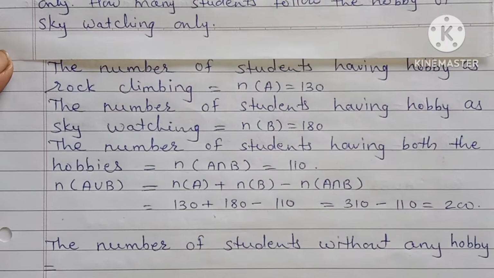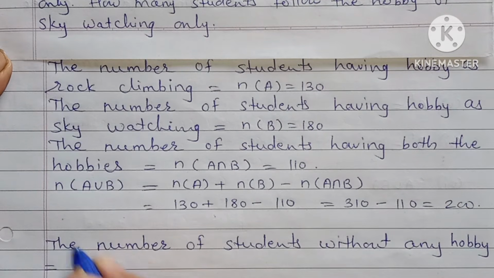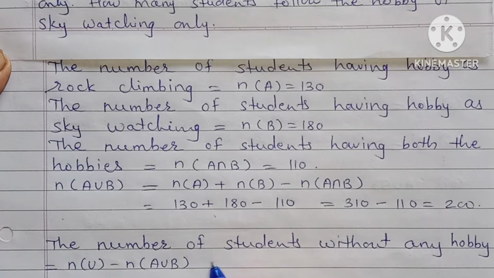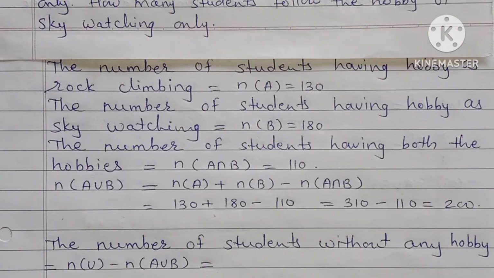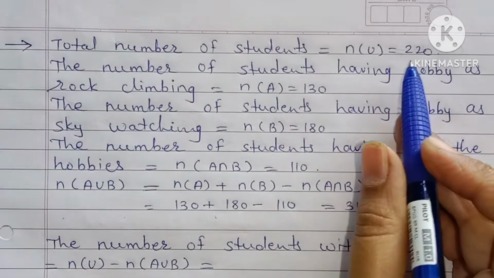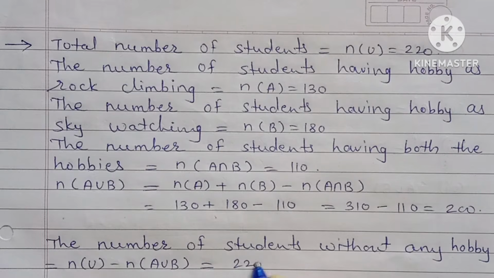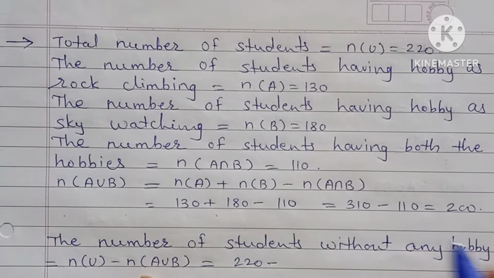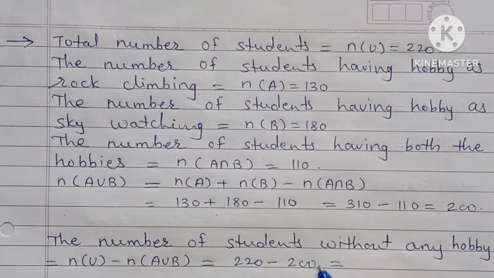Now find out the number of students without any hobby. ऐसे कितने स्टूडेंट्स हैं जिनको कुछ भी हॉबी नहीं है, वो कैसे फाइंड आउट करेंगे? n of U minus n of A union B. n of U is 220. 220 minus n of A union B is 200. 220 minus 200 means 20.